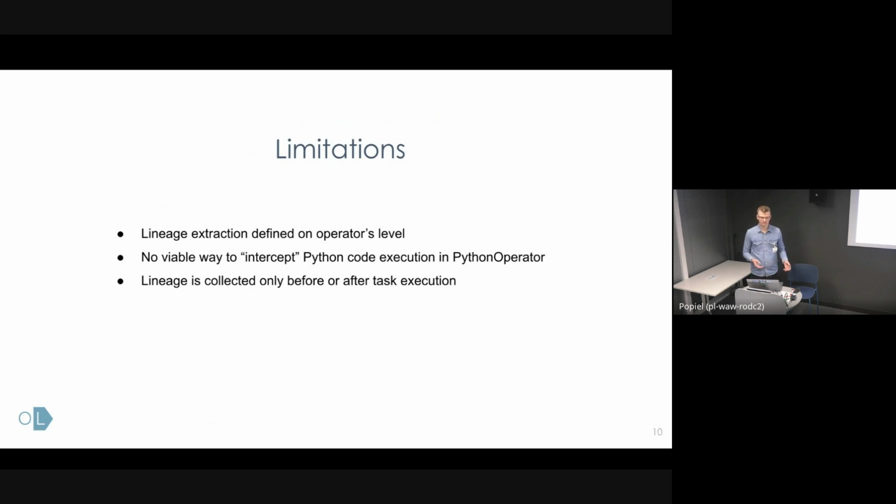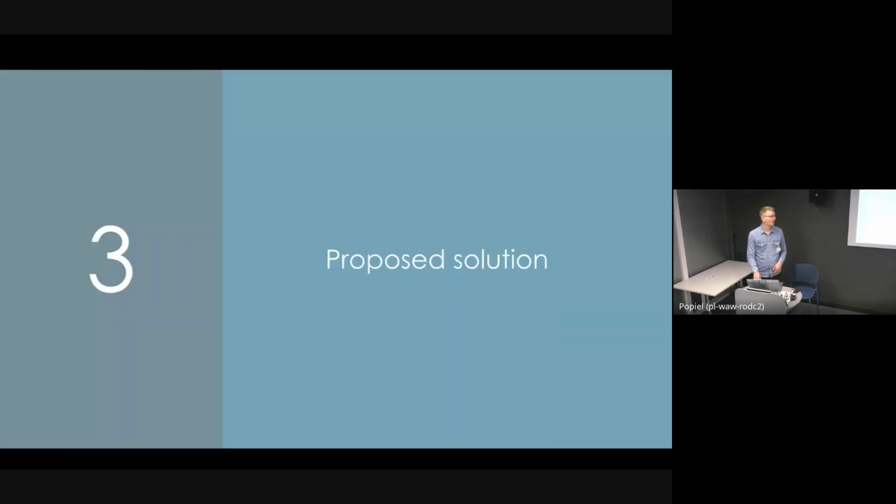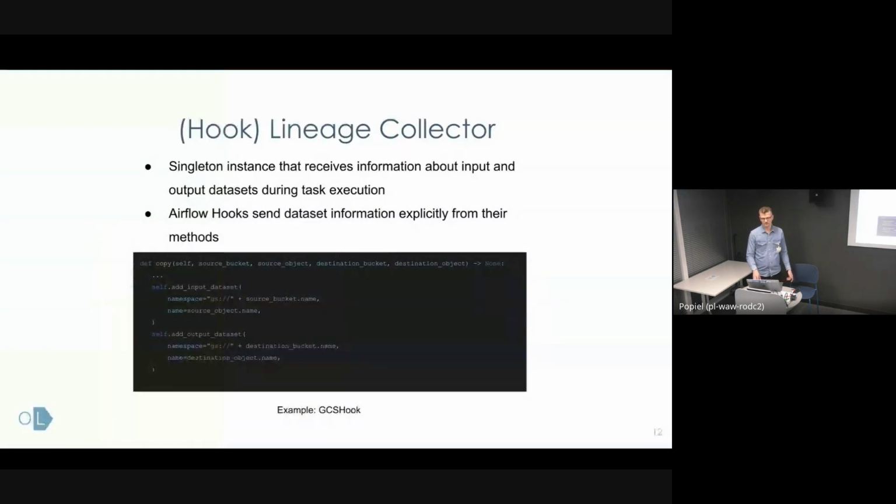And well, to remind you, PythonOperator can run basically any Python code. So just because we cannot go into the task execution within PythonOperator, we would like to propose another solution: a lineage collector, with hook level lineage.